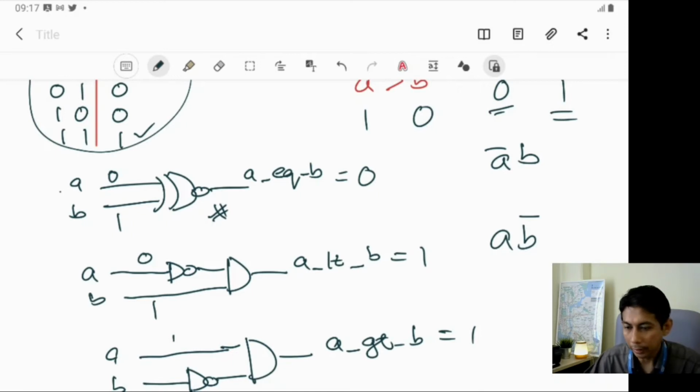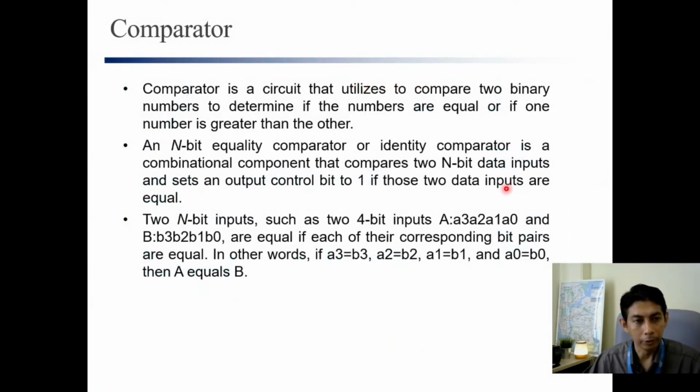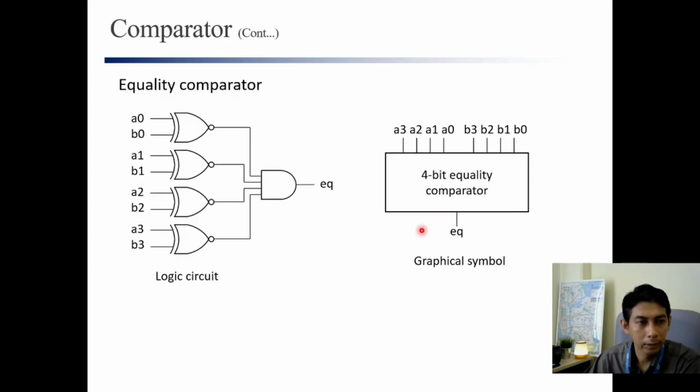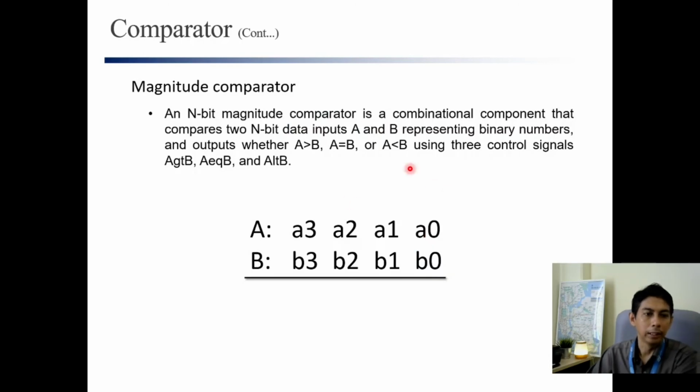So in the example here, we will use the hierarchical design methodology. So for example, A is now 4 bit, B is now 4 bit.